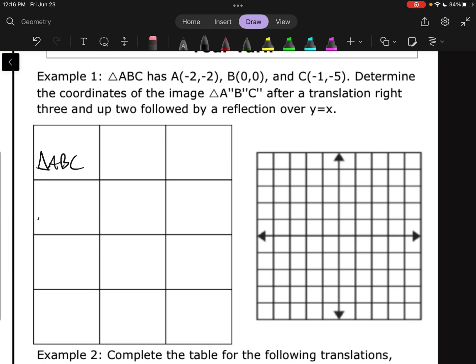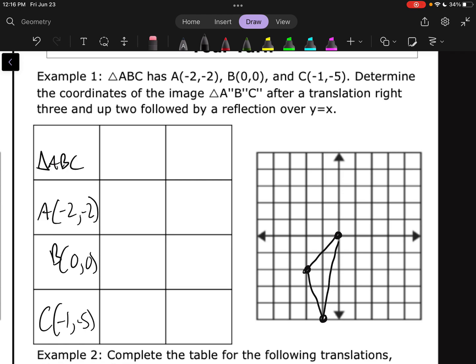All right, let's see here. We got A at negative 2, 0, B at 0, 0, and C at negative 1, negative 5. Here is our starting triangle. And we're going to take that thing and we're going to translate it right 3 up 2.